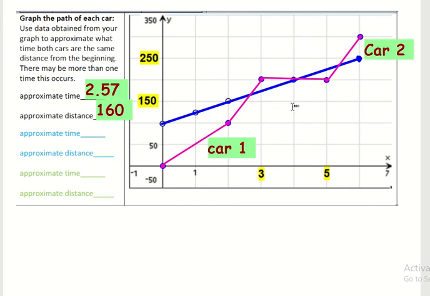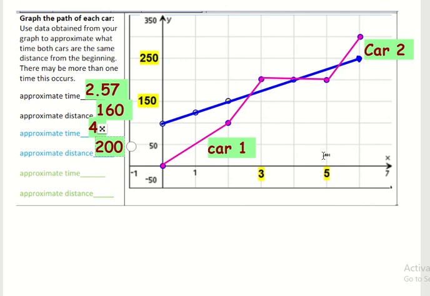And then the next time that they meet is over here. Now, this one, our approximate is really good because at 4 hours, we are at 200 miles. And that's great for both of them. So that's a lot more precise because that's a lattice point.